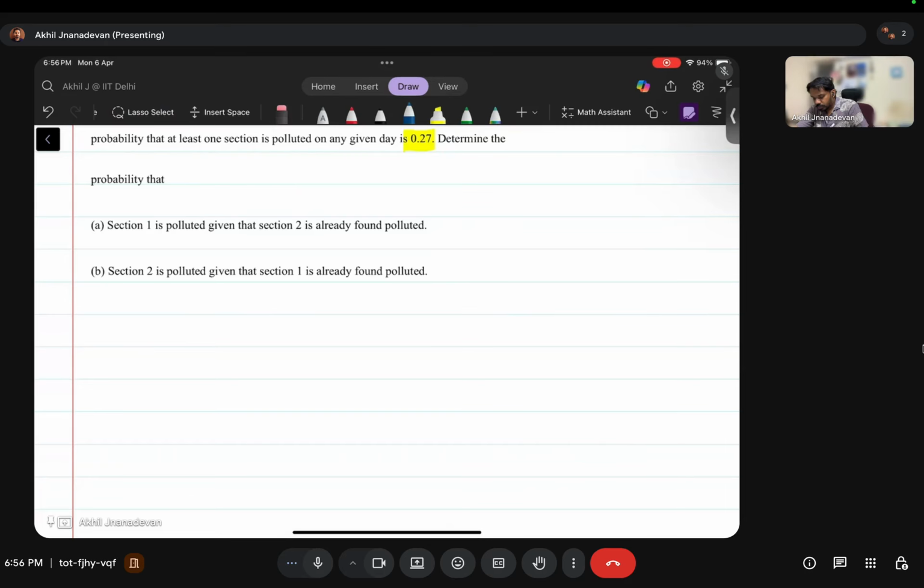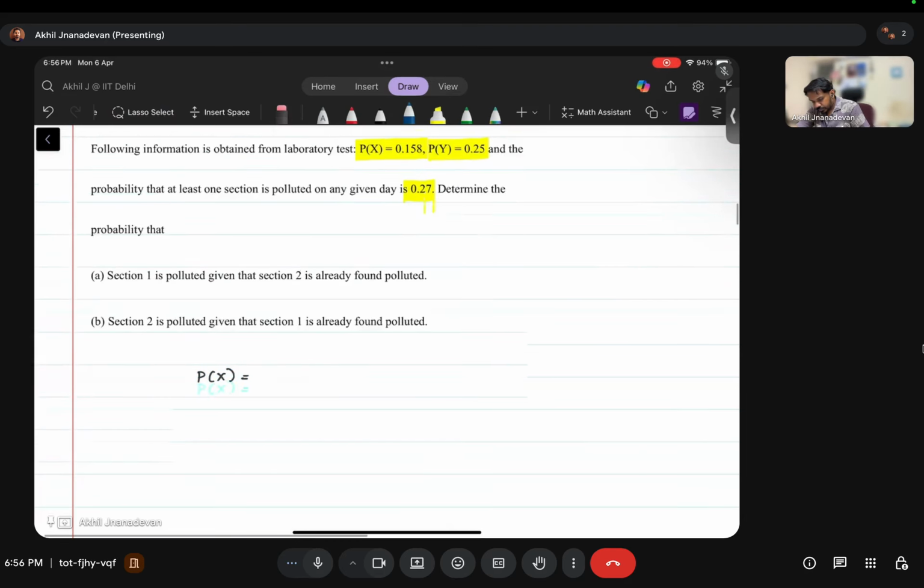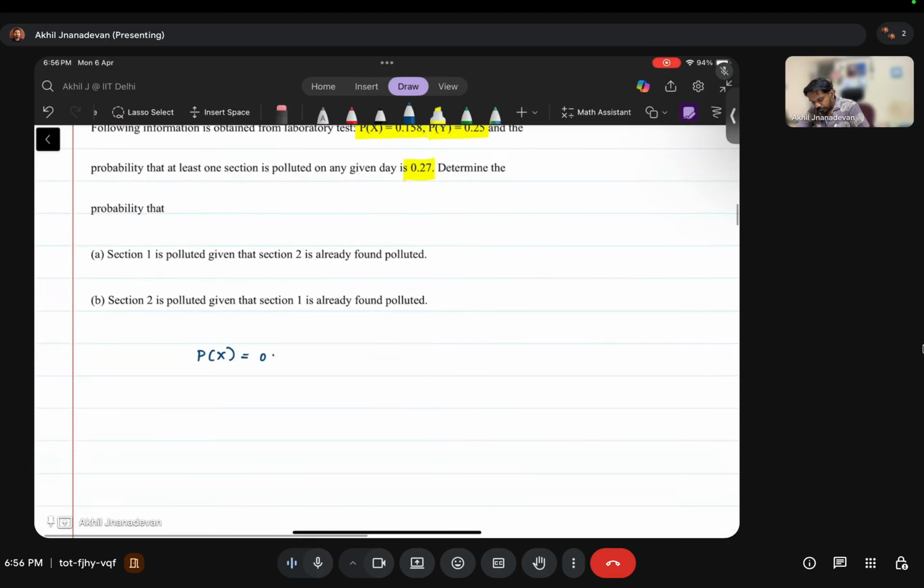So P of X is given as 0.158 and P of Y is given as 0.25, and P of X union Y, X or Y, is 0.27.